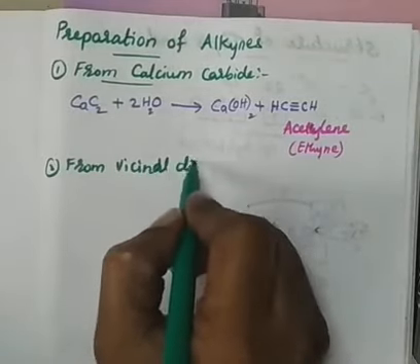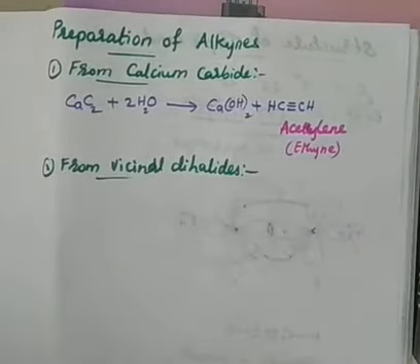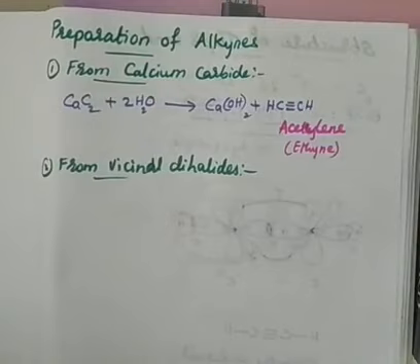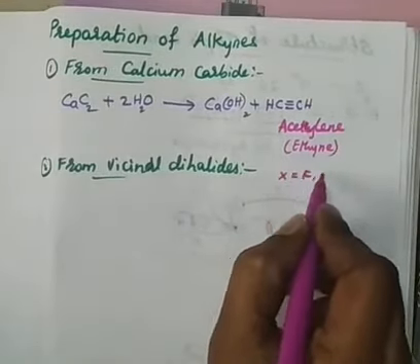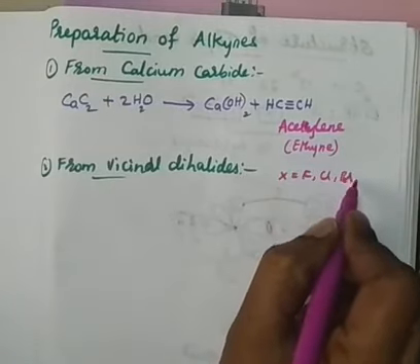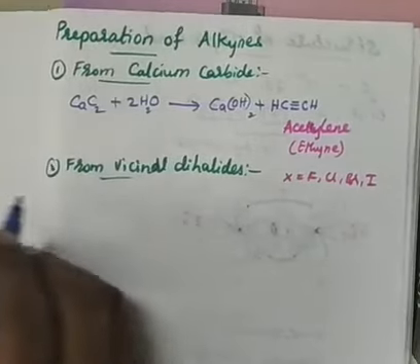Vicinal dihalides. What are dihalides? Halide means halogens. Fluorine, chlorine, bromine and iodine are called halogens, right? So here from vicinal dihalide. Vicinal means adjacent.